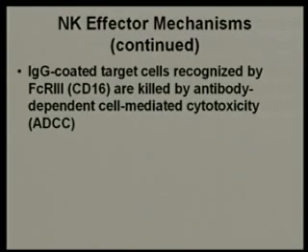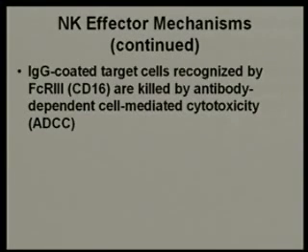And as I discussed briefly earlier, another method of recognizing and killing the target cells is that a lot of times when antibodies are produced, they'll cover the pathogen. NK cells can come along and recognize the Fc portion of the antibody. The Fc portion will bind to CD16. That will then activate the NK cell to kill that target. So two methods.